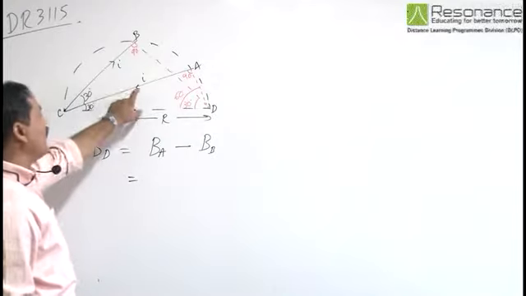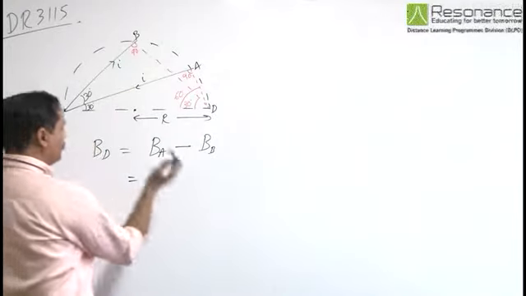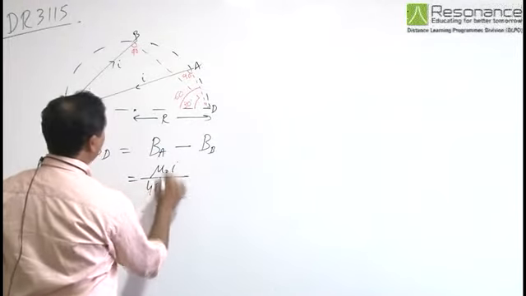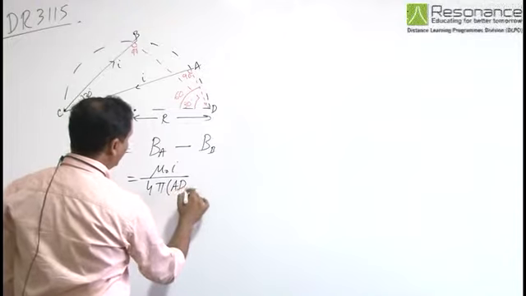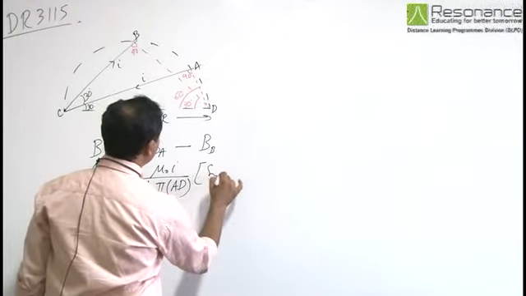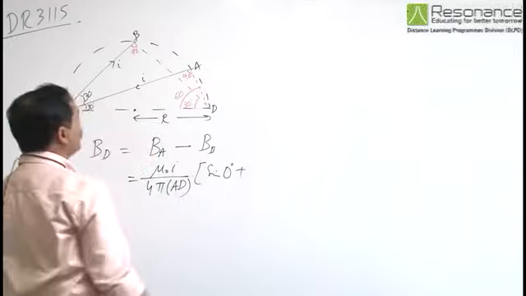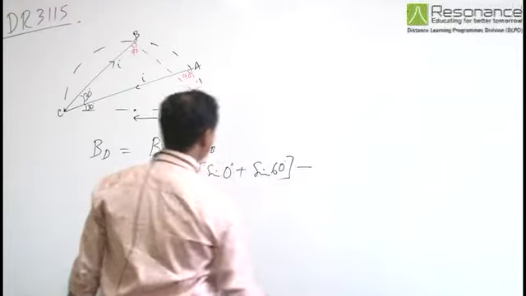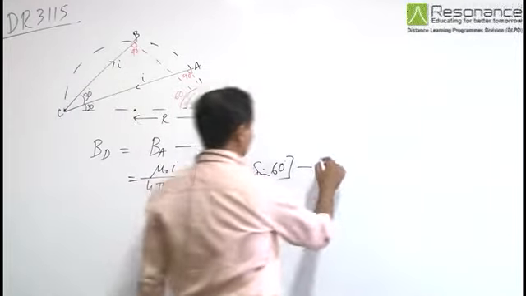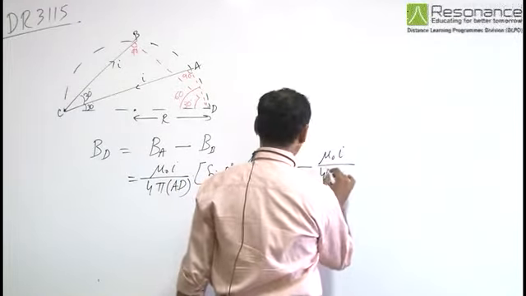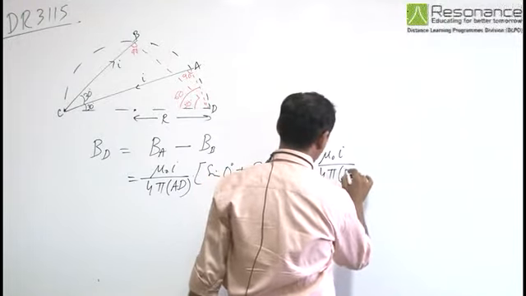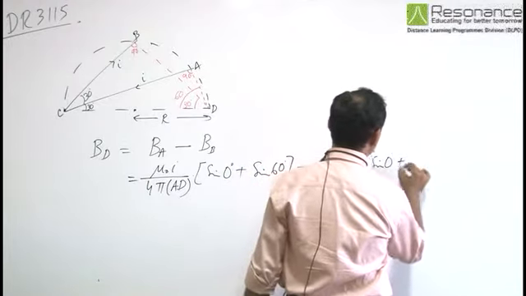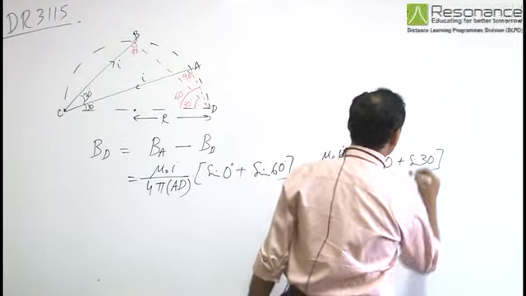Magnetic field due to a wire of finite length, that we can obtain to be equal to mu naught I by 4 pi AD into sine of 0 degree plus sine of 60 degree, minus mu naught I by 4 pi BD into sine of 0 degree plus sine of 30 degree.